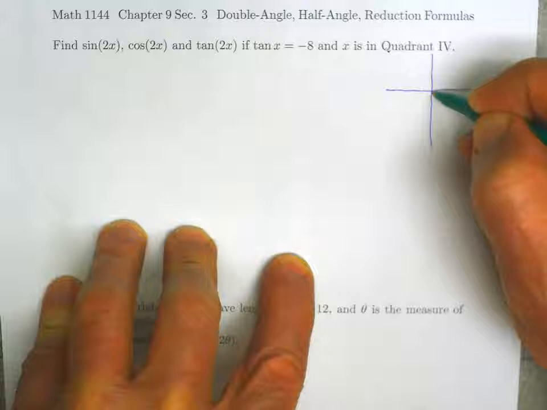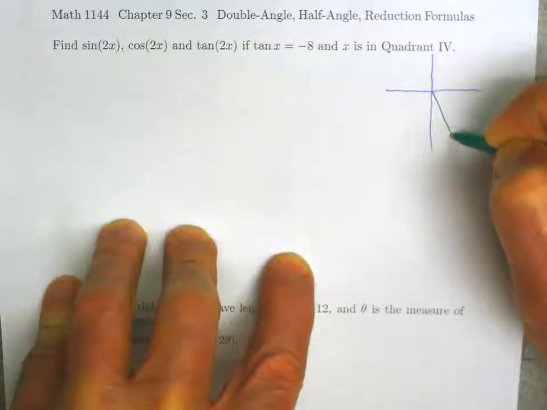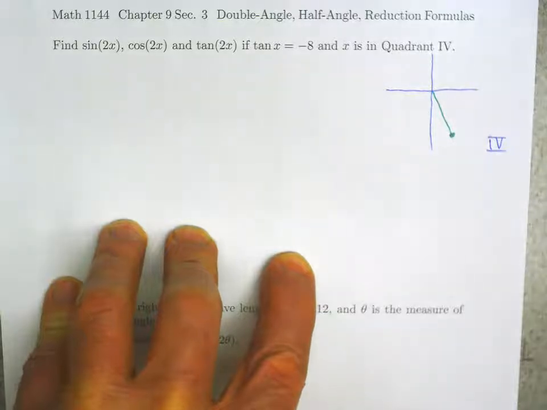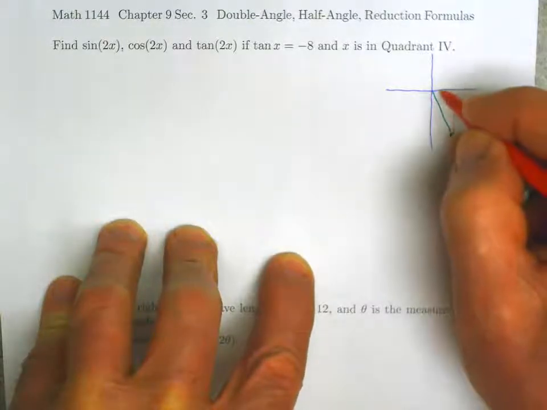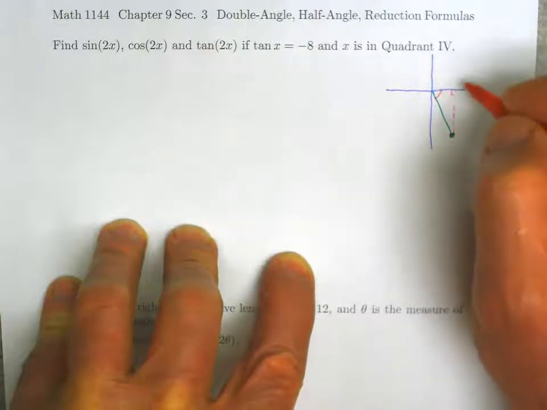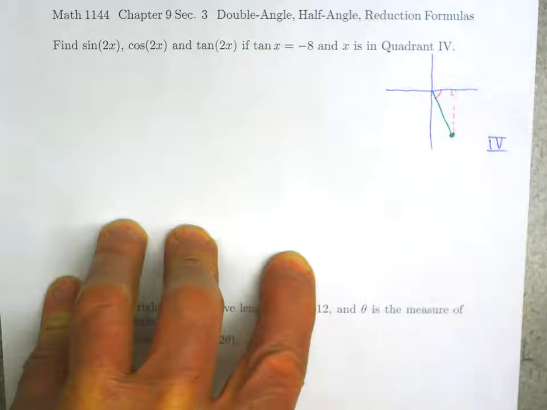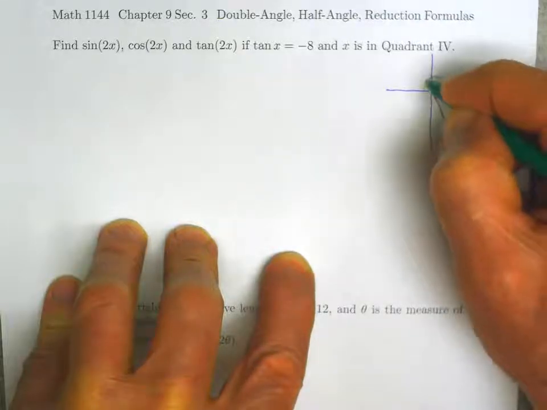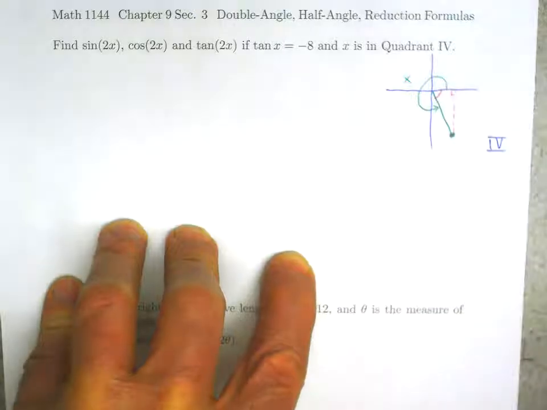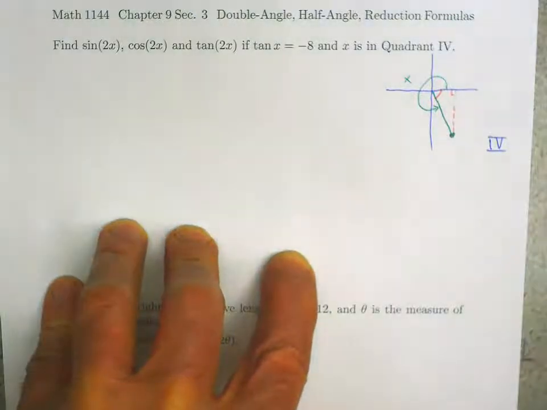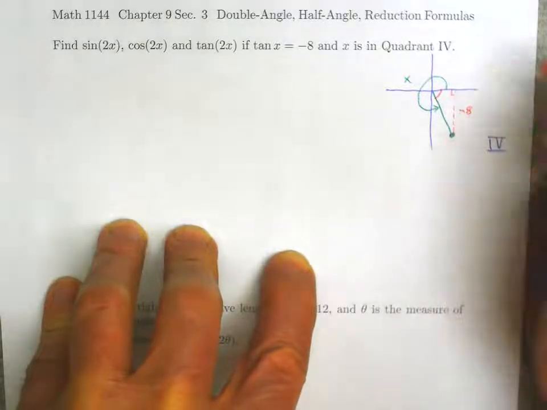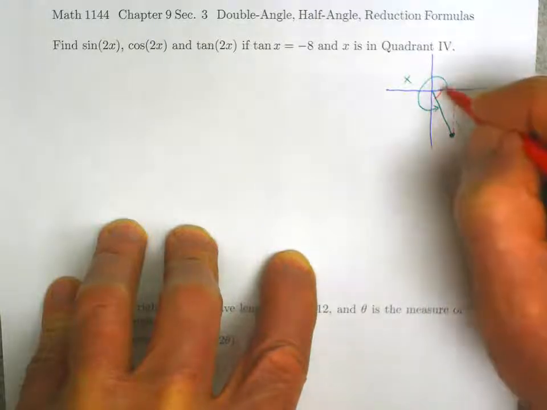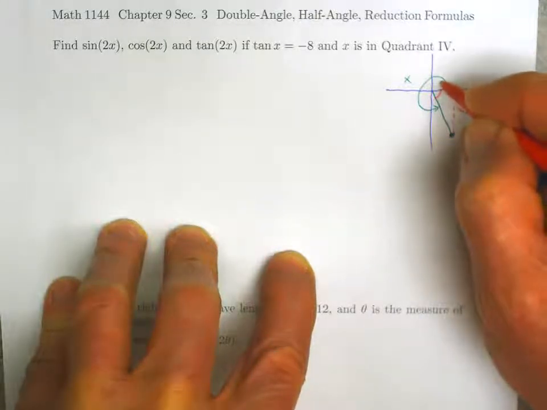So if you construct a right triangle, this is our reference angle, and this is what x is. So this side of the triangle is -8, and this adjacent side we could write as 1.